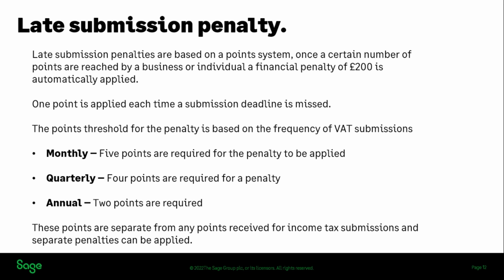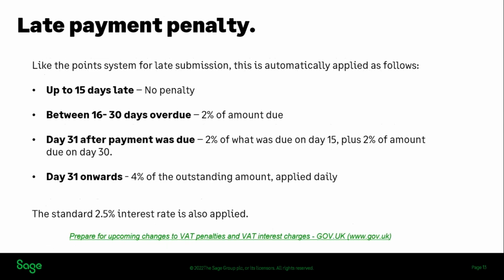If you're on a quarterly basis, 4 points, so it'd be 4 submissions before a penalty would be applied, and annual, it would be 2 points before a penalty will be applied. So plenty of time for you to get yourself sorted, but obviously you don't want to fall foul of any penalties there.